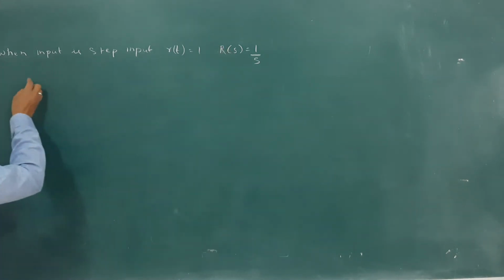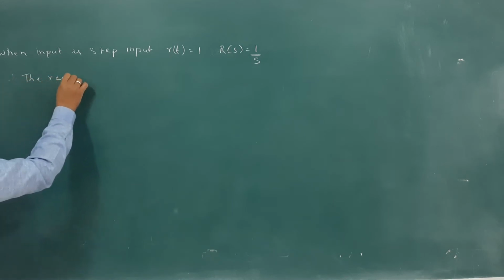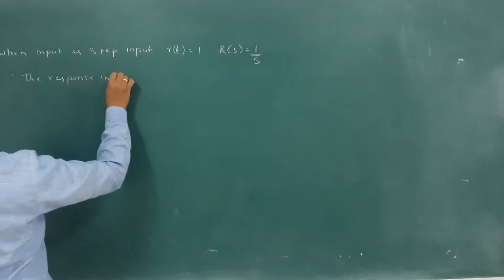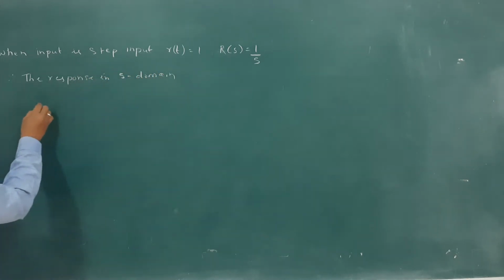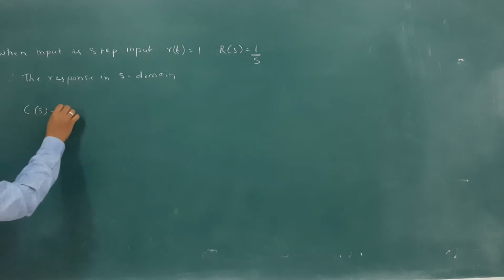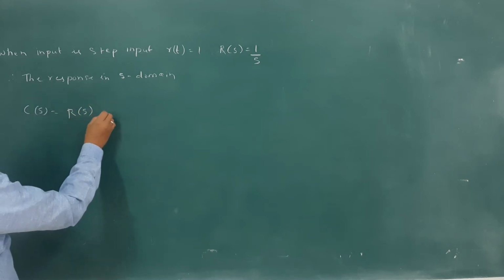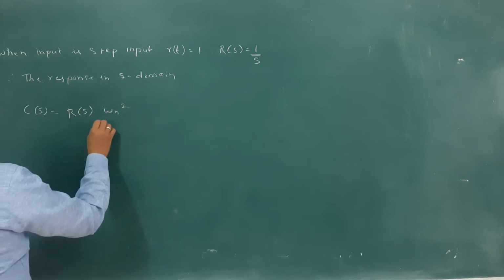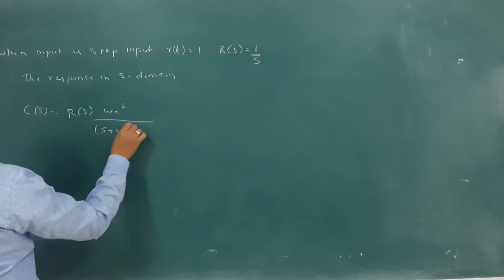So, the response in the s domain is C of s equals R of s into omega n square divided by s plus omega n whole square.